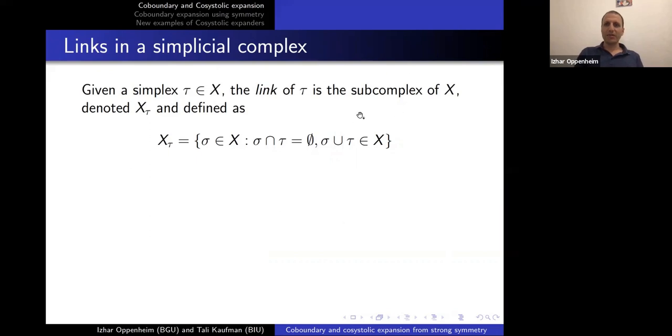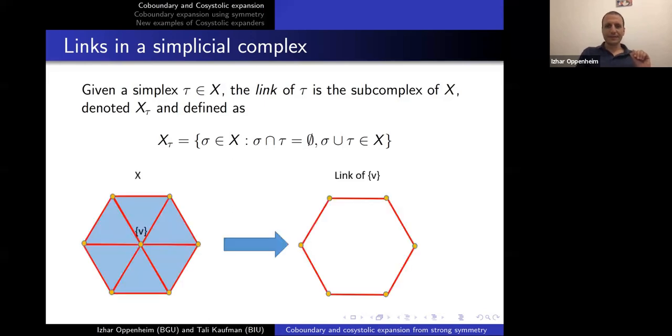The link of tau is a subcomplex of X, meaning it's also a simplicial complex, defined as all the simplices in X that do not intersect tau, but if you take a union, they form a simplex in X. So it looks a little scary, but a picture again is worth 1,000 words. So this is my simplicial complex X with the triangles and all, and this is my vertex, and I want to discuss the link of this vertex.